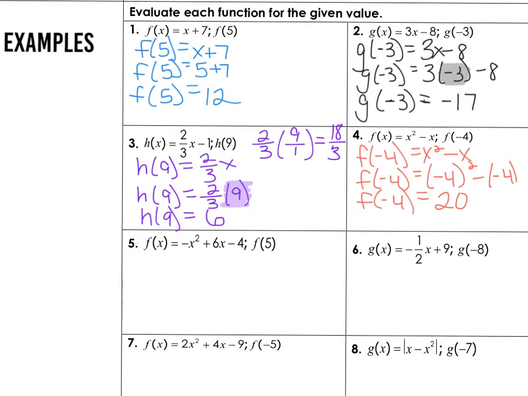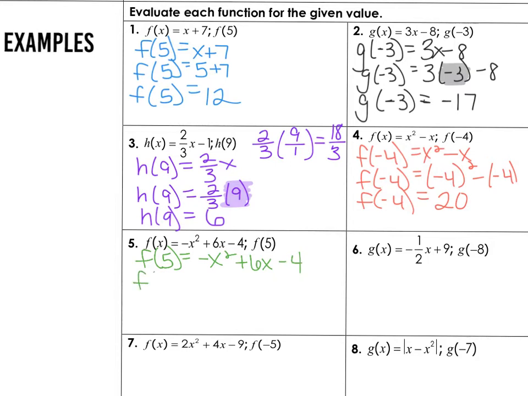On number 5, we have a trinomial. So it's getting a little bit more complicated, but we're going to follow the same procedure. This says f of x equals negative x squared plus 6x minus 4. Find f of 5. So I'm writing f of 5 equals negative x squared plus 6x minus 4.